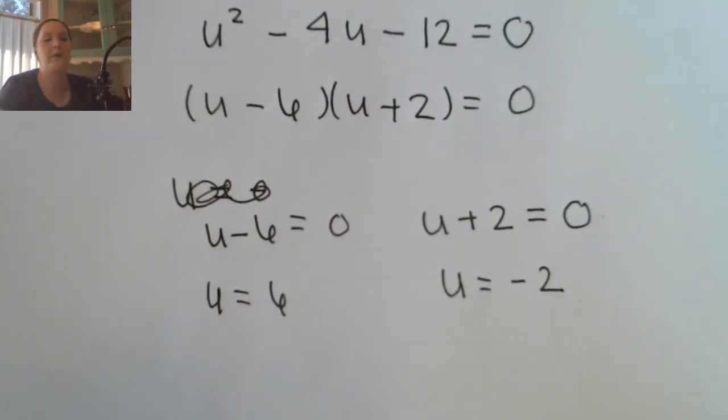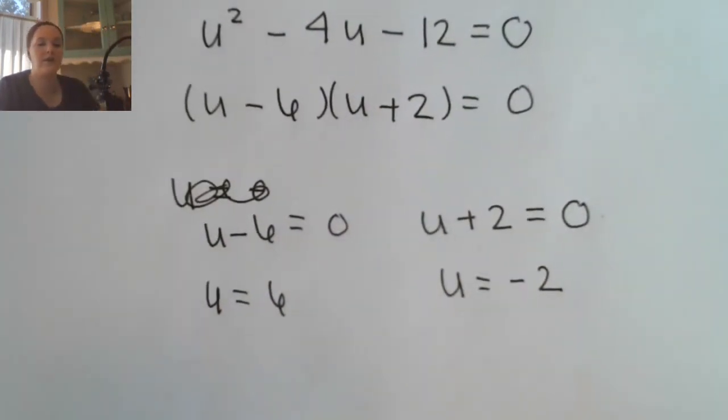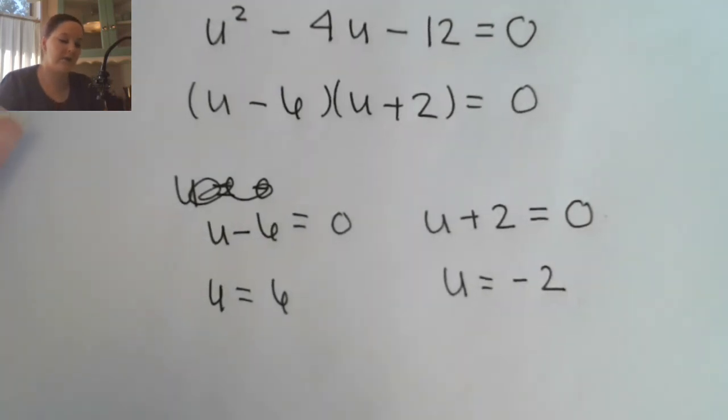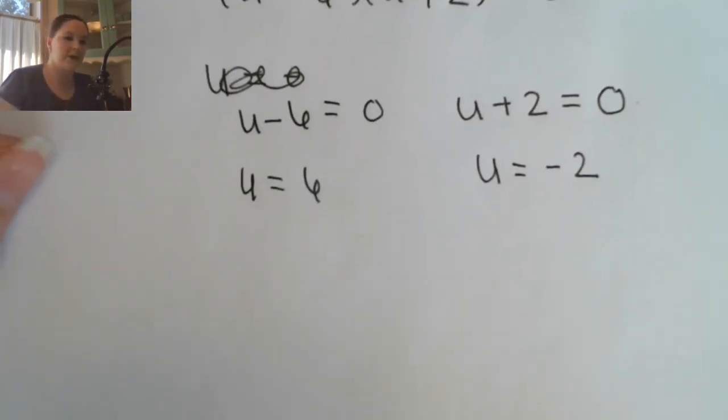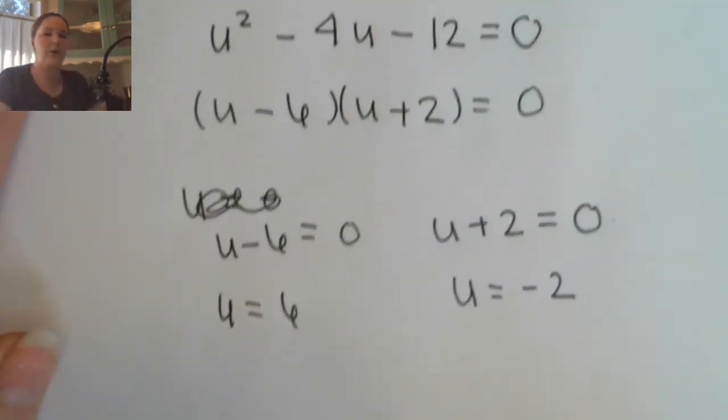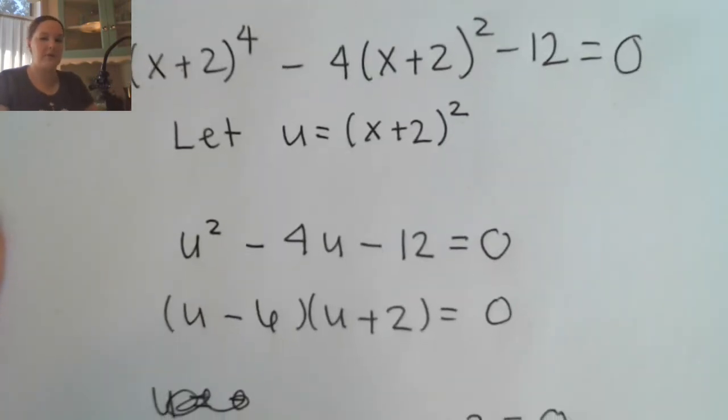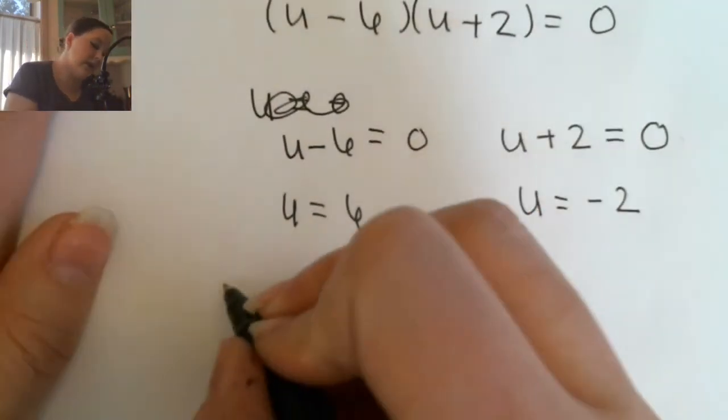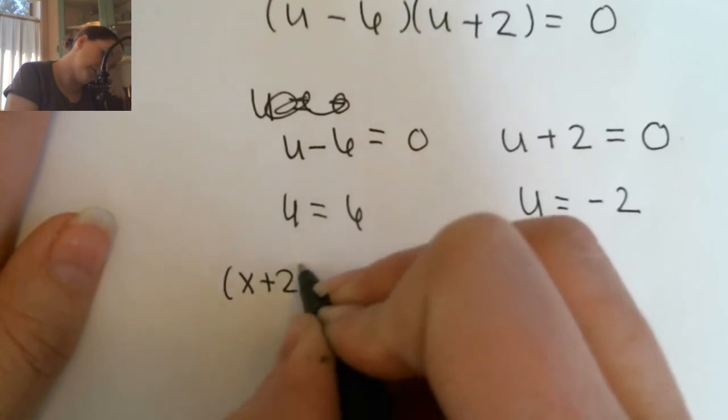But what we're not going to forget is to go back to our original variable. So we're going to substitute back in for u. Remember, u was x plus 2 squared. So we're going to substitute in here x plus 2 squared.